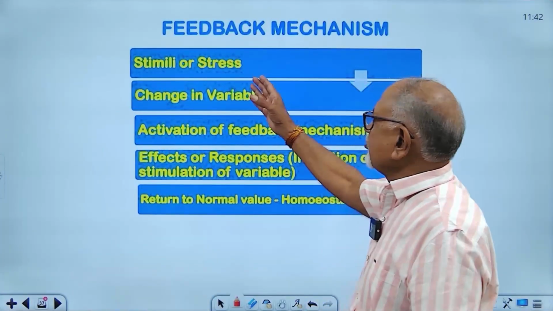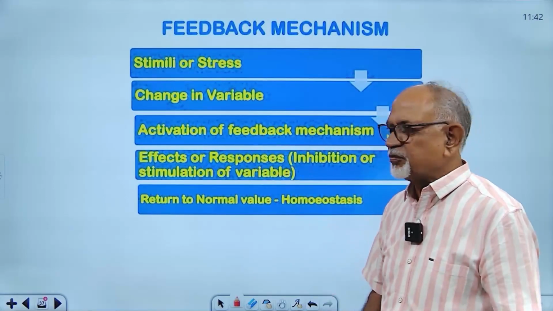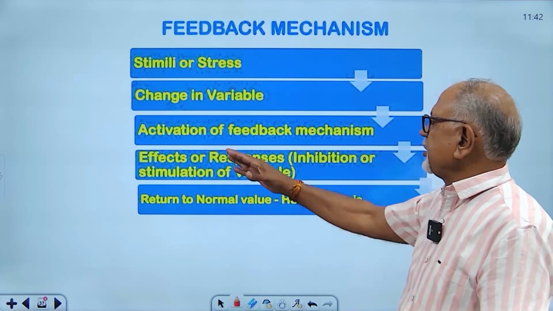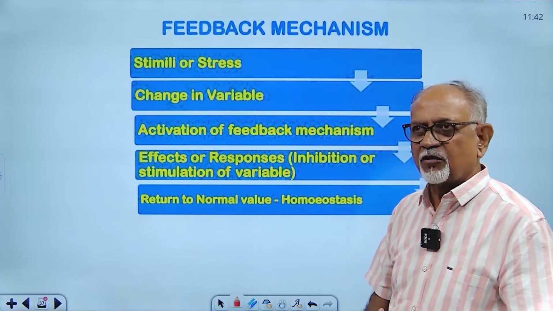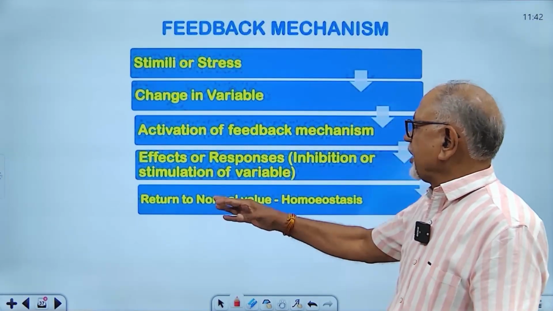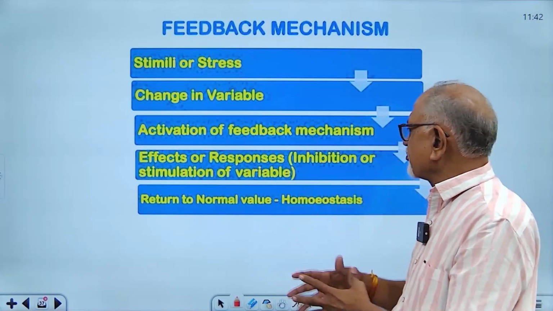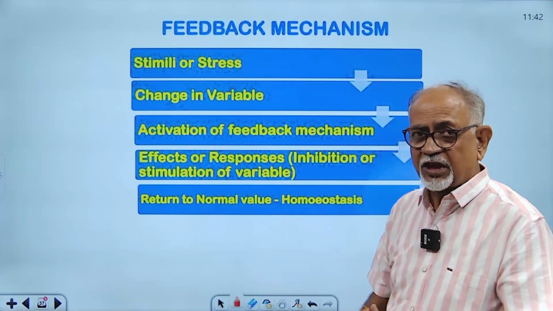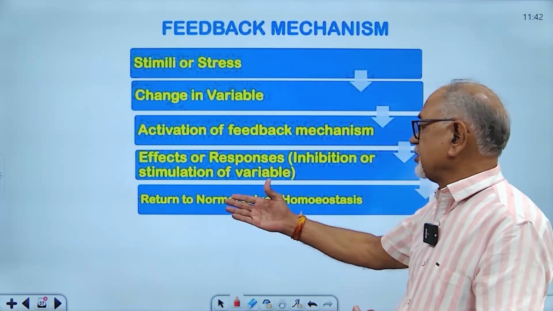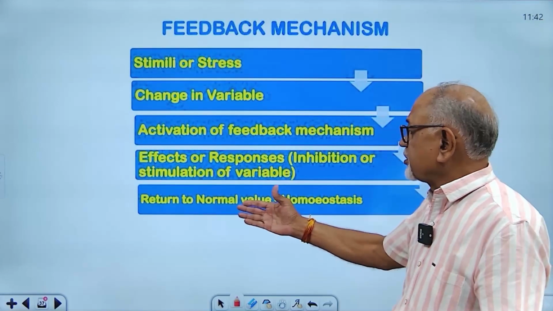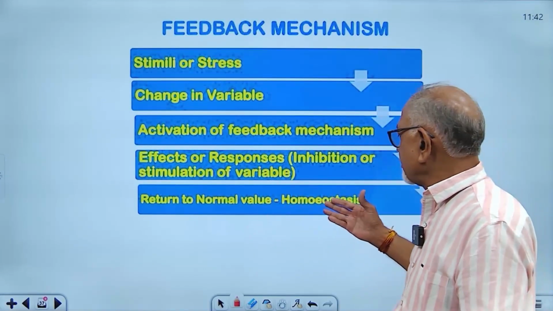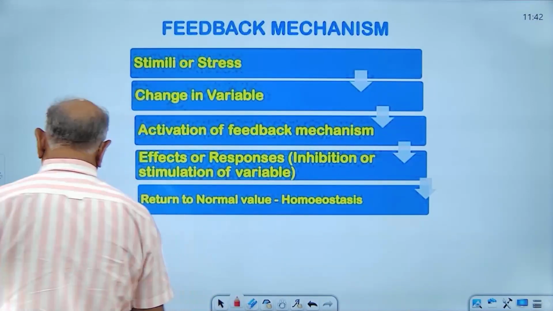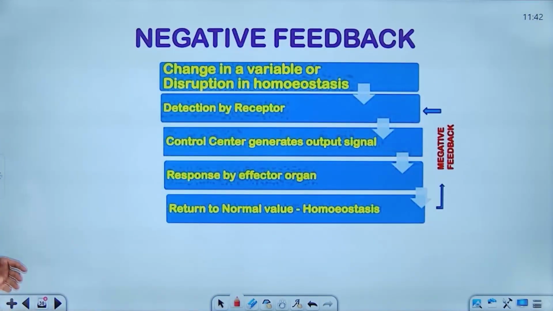If there is a stimulus or a stress, then there is a change in a variable, then the feedback mechanism is activated, which produces a response, inhibition or stimulation of that variable, and a return to normal value, that is the establishment of homeostasis to maintain healthy conditions.